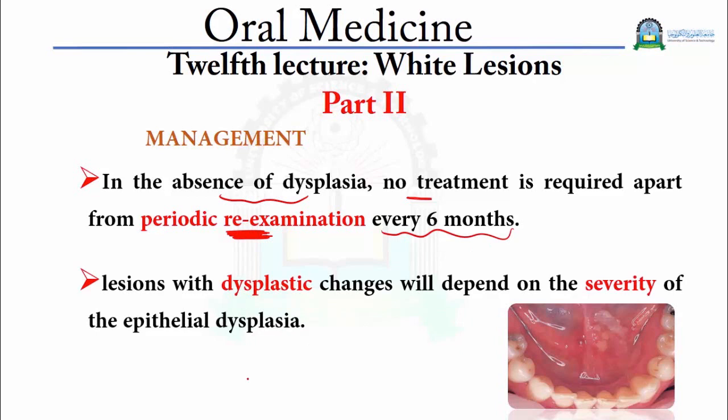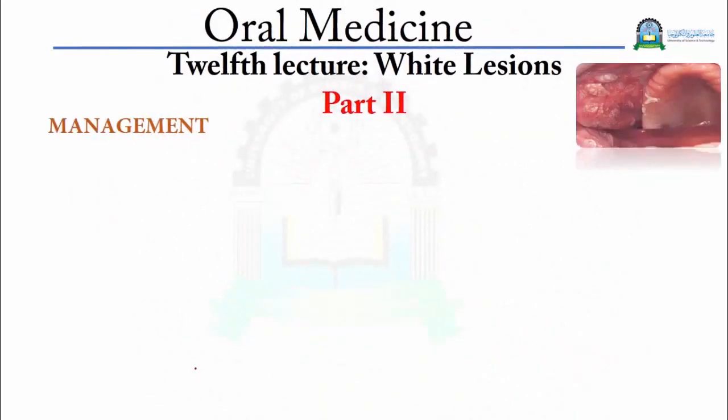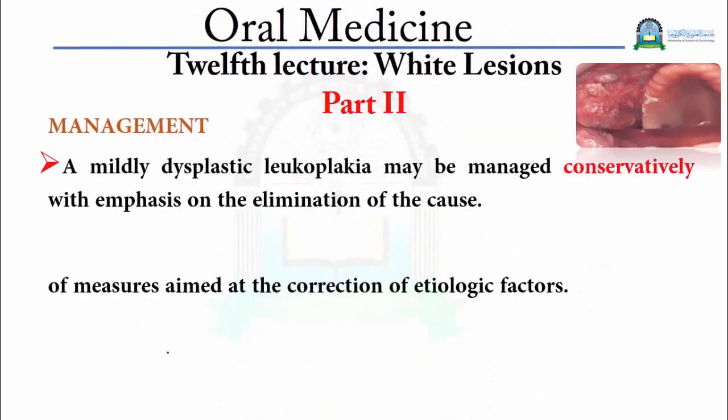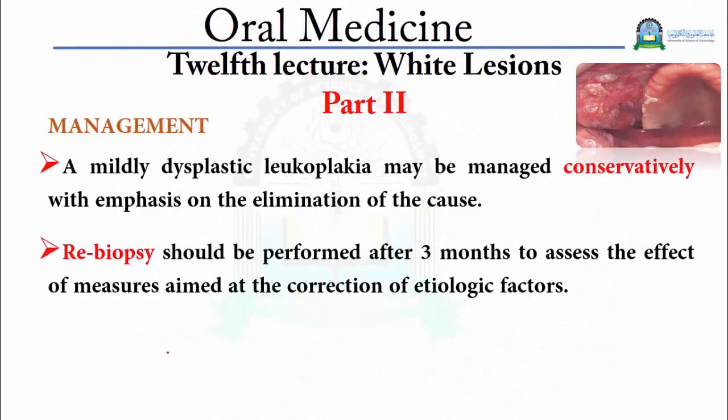If these lesions present with dysplastic changes proven by histopathological findings, the management depends on the severity of epithelial dysplasia. In mild dysplastic leukoplakia, you can manage it conservatively with emphasis on elimination of the cause.